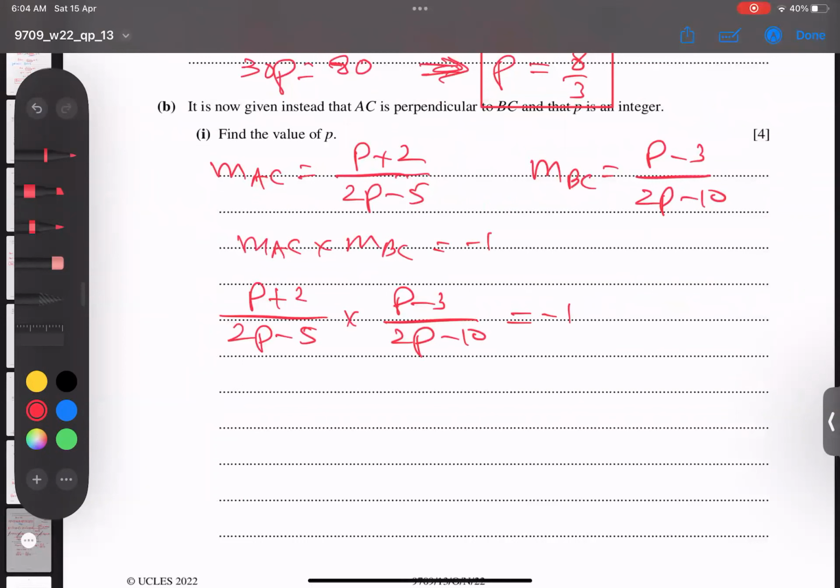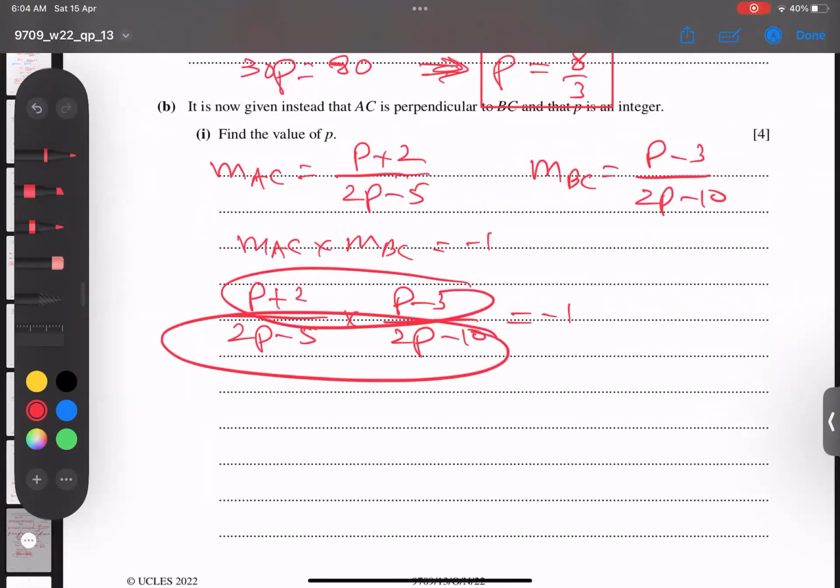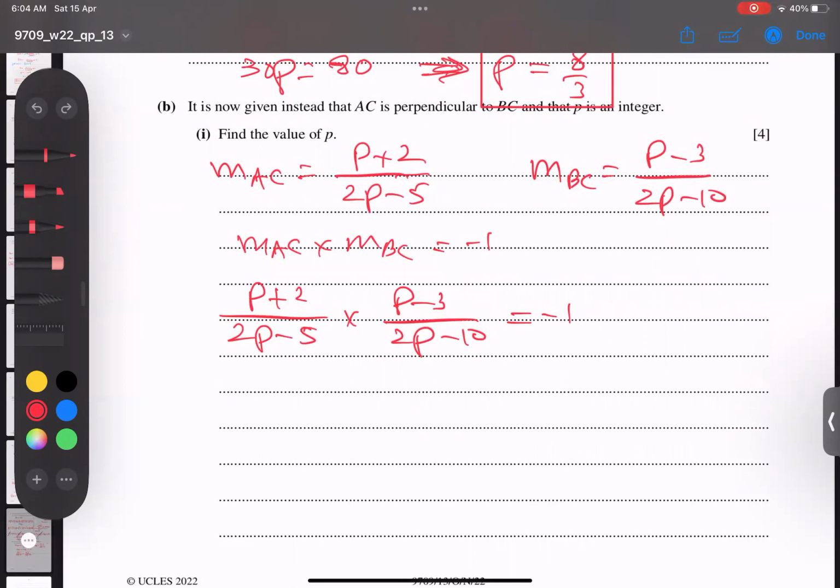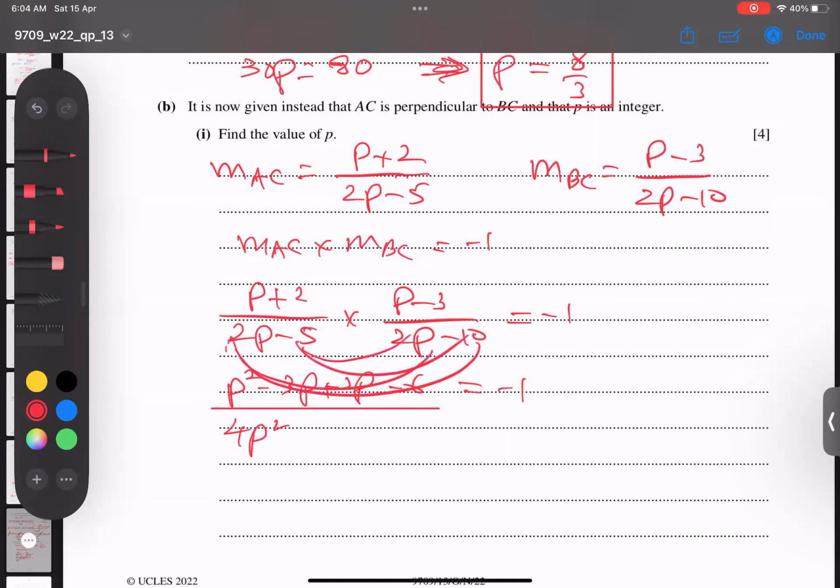So I'm going to simplify. This multiply up, this multiply down. So it tends to be P into P, P into -3, this and this. So I'm going to multiply. I get P to power 2 minus 3P plus 2P minus 6. And same approach down here: 4P to power 2, multiply, multiply.